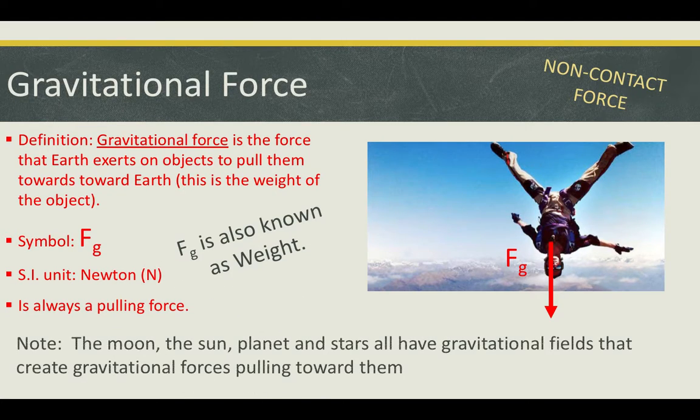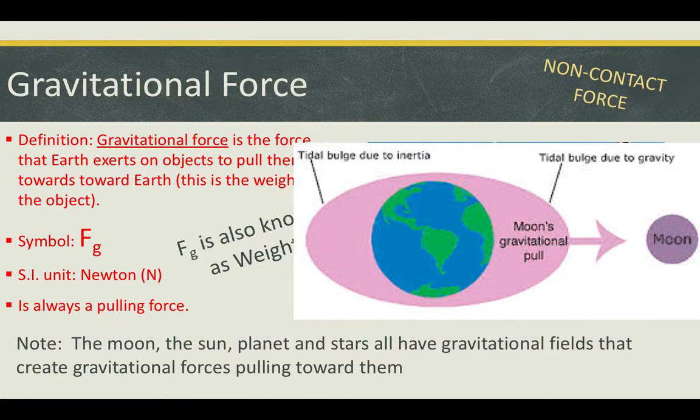Now, bear in mind that the Earth is not the only thing that can have a gravitational field. The moon, the sun, planets, and stars all have gravitational fields that create gravitational forces that pull toward them. I believe you've probably learned in your past science classes that the tides on Earth are due to the moon's gravitational pull on the Earth.